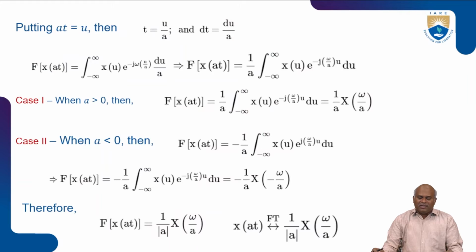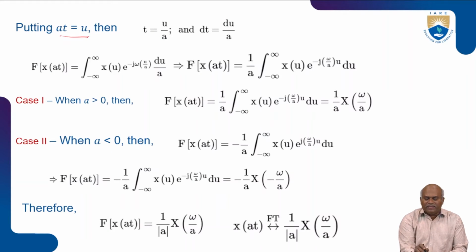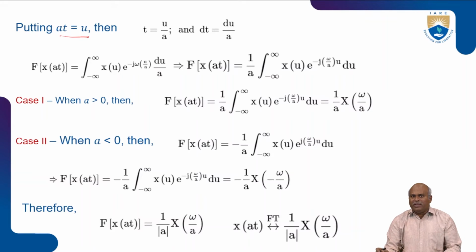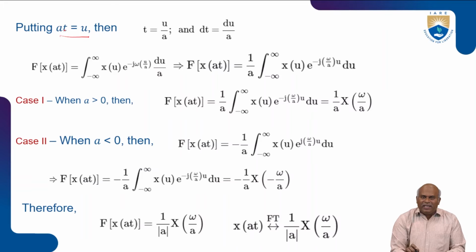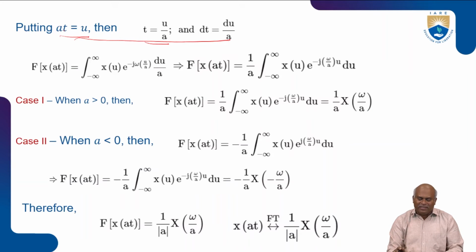Next, I write u equal to a t. I need to substitute u equal to a t. Then t is represented as u by a, and dt is equal to du by a. Now we need to substitute all these values into the previous equation.